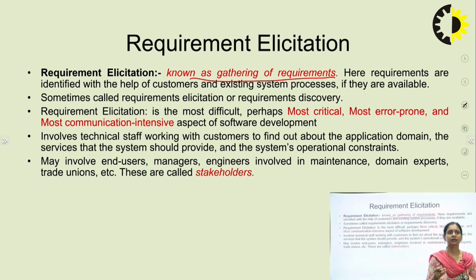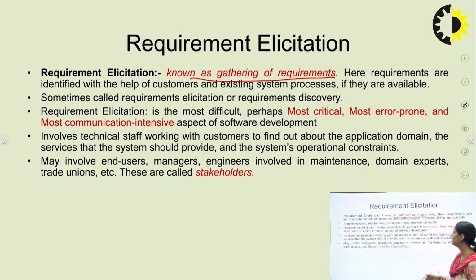So there the requirement elicitation will include the new requirements that are coming from the user side, along with, if there is already some system present, it will help to establish the compatibility between the two.